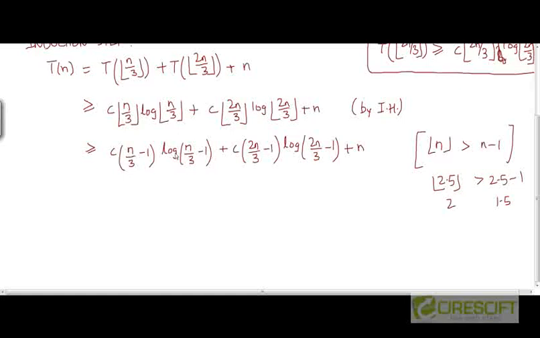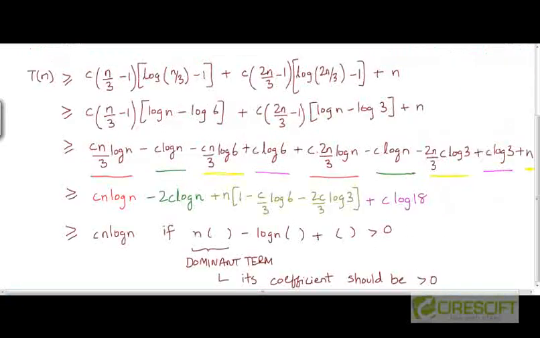But then it's going to be combined with log of n by 3 minus 1. So how do we make this log n? If we could make this log of 2n by 3 or n by 3 here, basically if we could remove these minus 1s, then we could simplify things a little. So how do we do that?